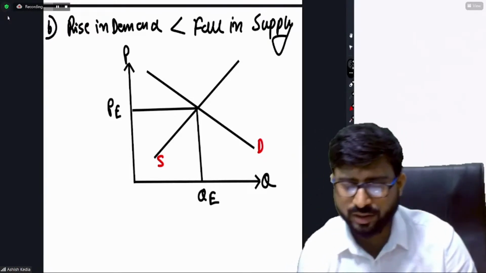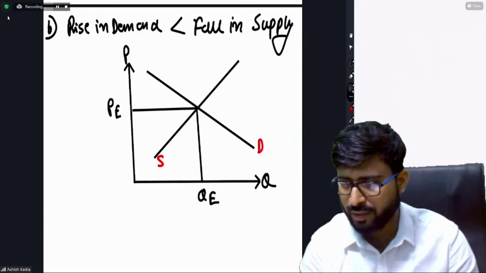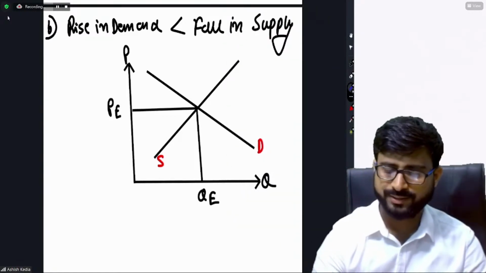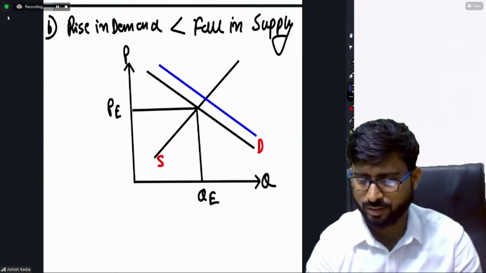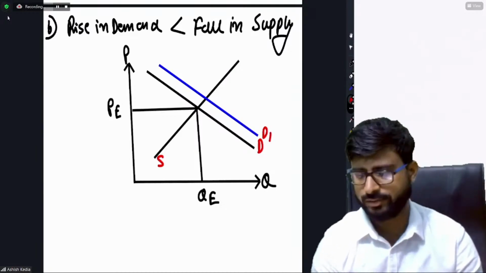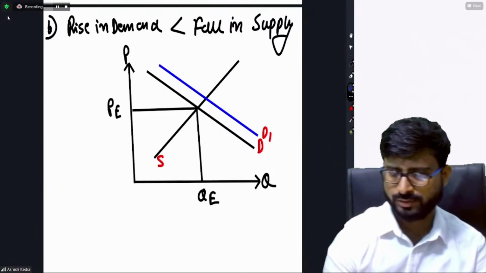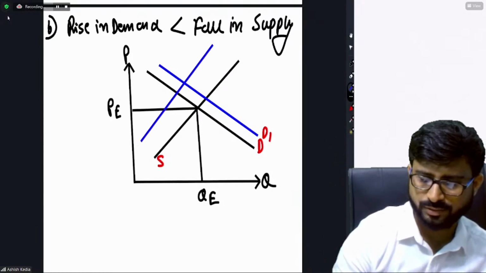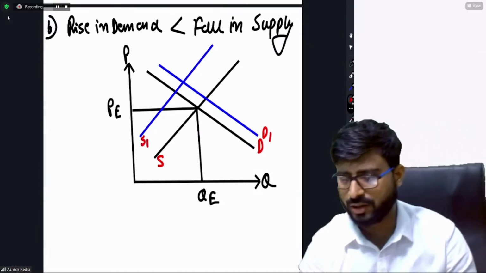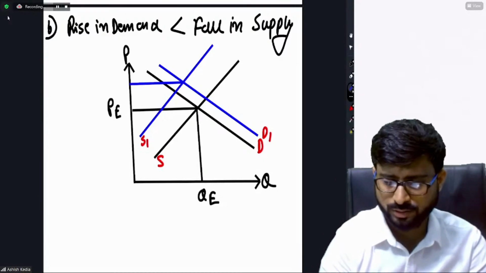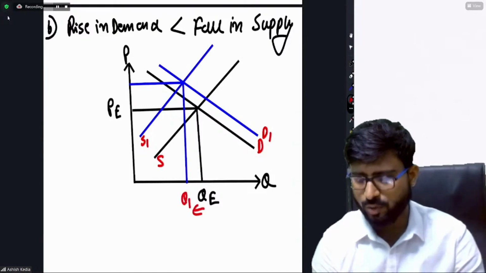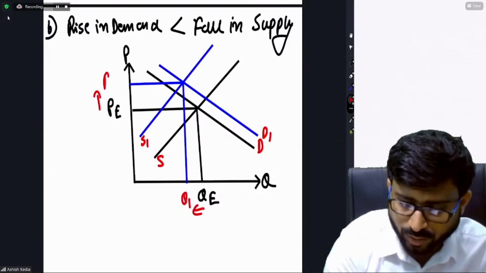Now, the rise in demand is less than the fall in supply. So demand has risen, but little. But the fall in supply is greater. So now see, equilibrium quantity has fallen, but price as usual has risen.